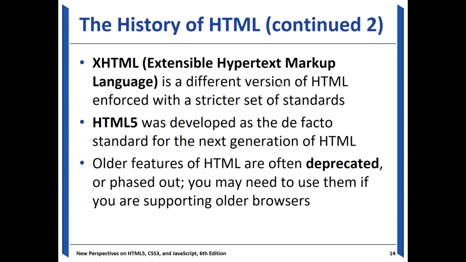All right, XHTML is extensible hypertext markup language. It's a different version of HTML for stricter standards. This was where the industry was at before the development of HTML5.